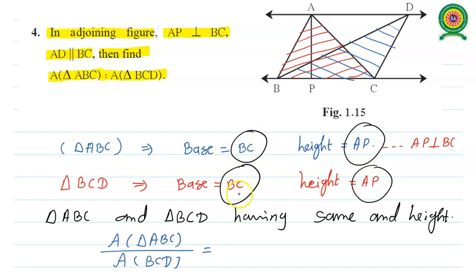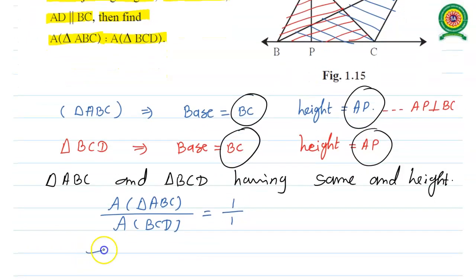That means BC from numerator and denominator and AP from numerator and denominator get cancelled, so we remain with 1/1. That means the area of triangle ABC is to the area of triangle BCD equals 1:1.